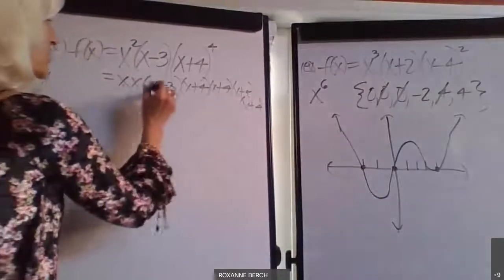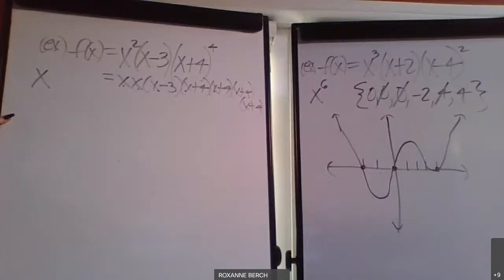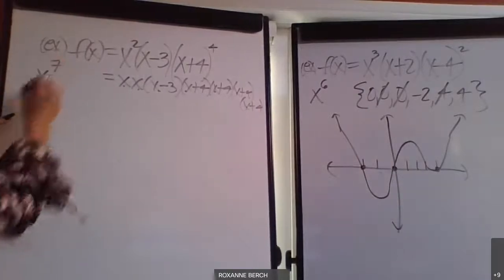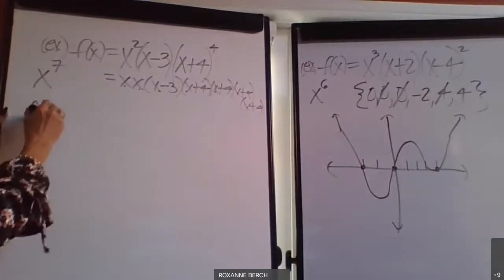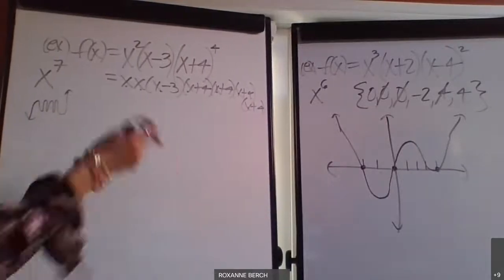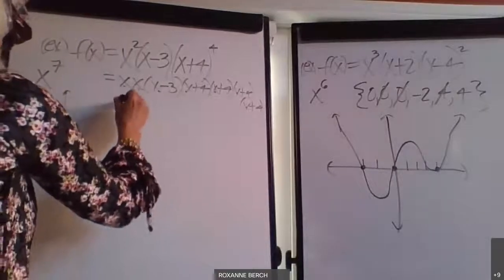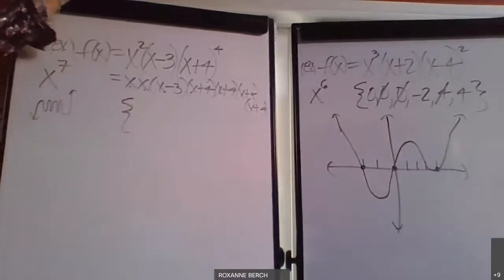So wouldn't it be 1, 2, 3, 4, 5, 6, 7? Yes, no? Yes. So doesn't this guy look like the cubic with a bunch of waves in the middle? Yep. Okay, here we go. All right, so what are the solutions? We want 7 of them. What are they?